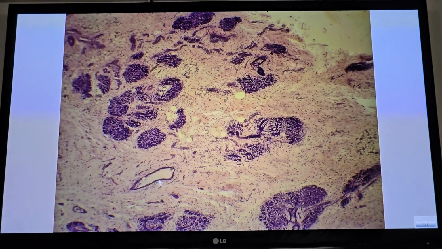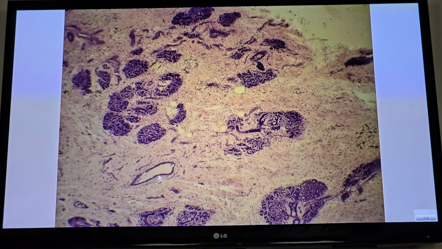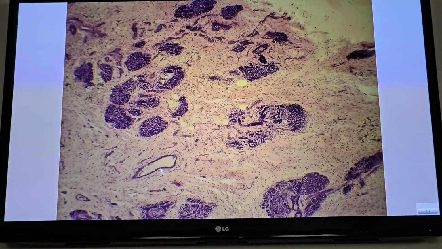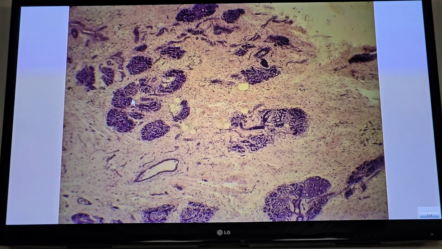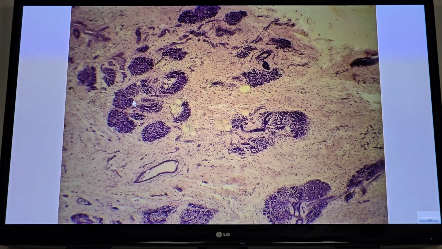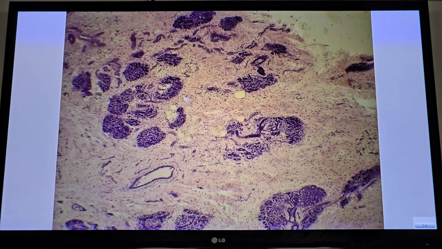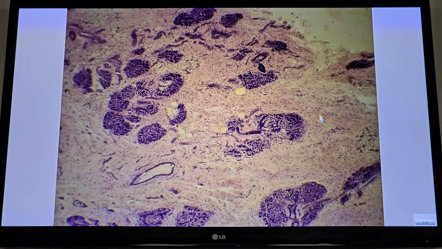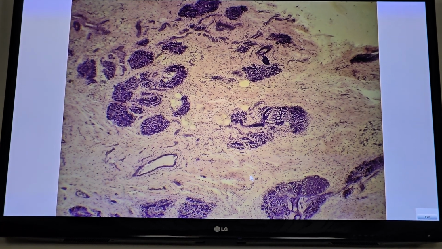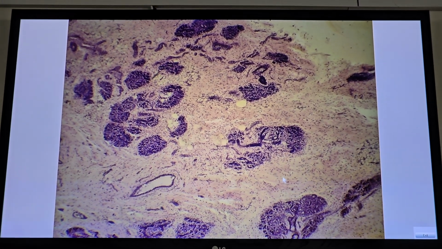The lining epithelium of each duct is simple cuboidal epithelium. Both the secretory units and duct system are embedded within connective tissue stroma rich in adipocytes.